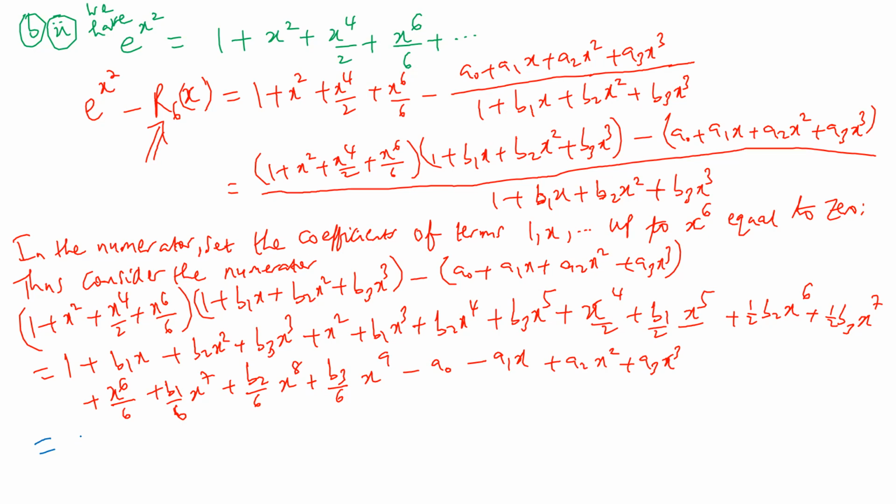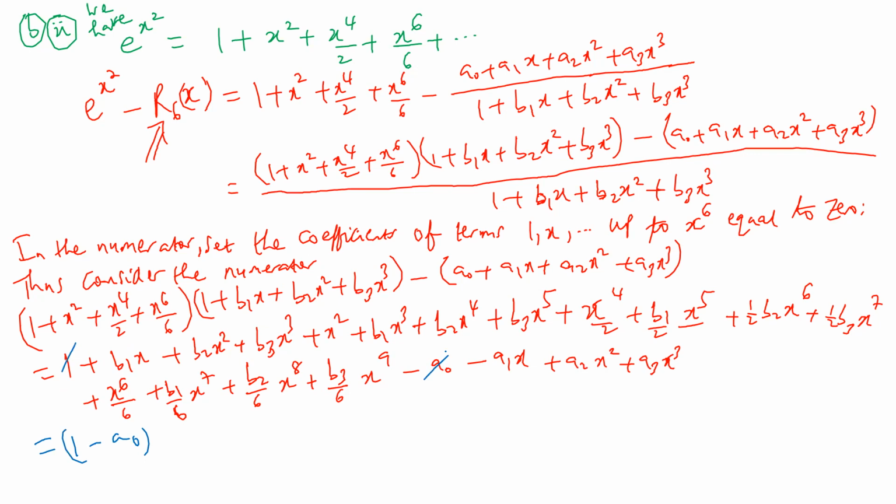We will consider the terms and then we group like terms. Constants are 1 and a naught, so we're done with that one.